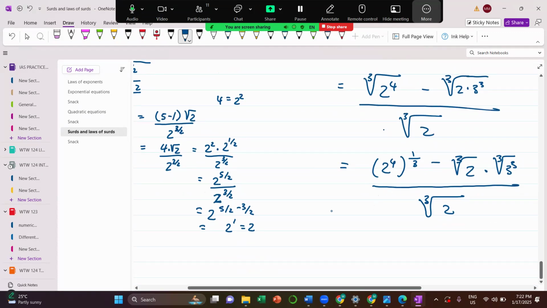And then check now. Here I'm just going to have 2 to the exponent of 4 over 3 minus. I still have the cube root of 2 times the cube root of 3 cubed. Here I have a 3 and a 3, so those are going to cancel each other out, and I'm going to have a value of 3.